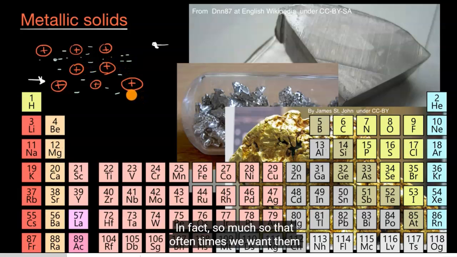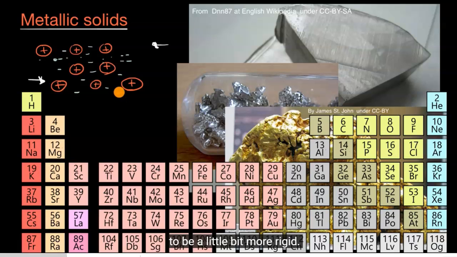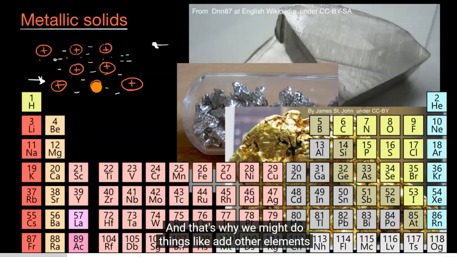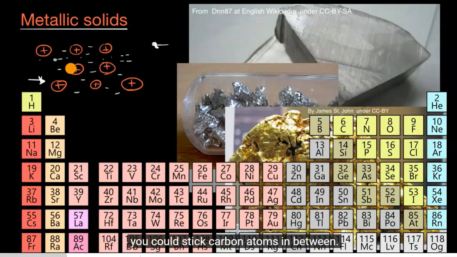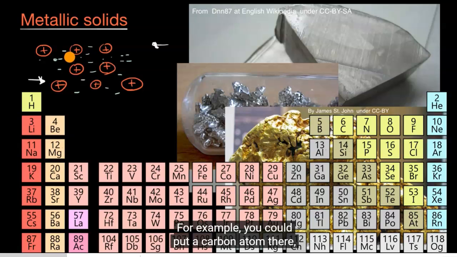In fact, so much so that oftentimes we want them to be a little bit more rigid. We want them to be a little bit harder. And that's why we might do things like add other elements into the metallic solid. For example, pure iron is reasonably malleable, but if you want to make it stronger, you could stick carbon atoms in between. For example, you could put a carbon atom there or a carbon atom over there.